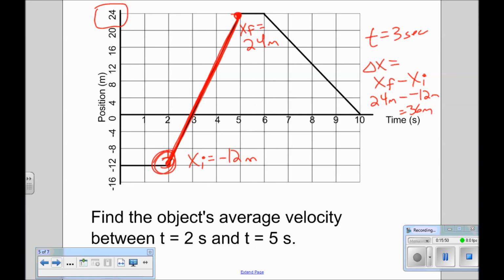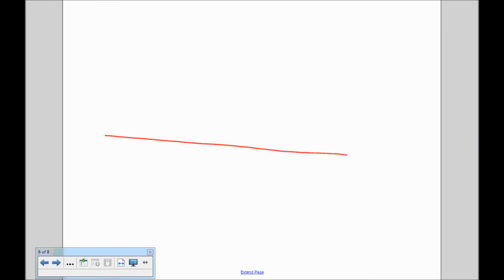All right? If you'd prefer, you can think about it this way. You're walking from a position of -12 to a position of 24, right? You're starting here and then walking all the way over to here.